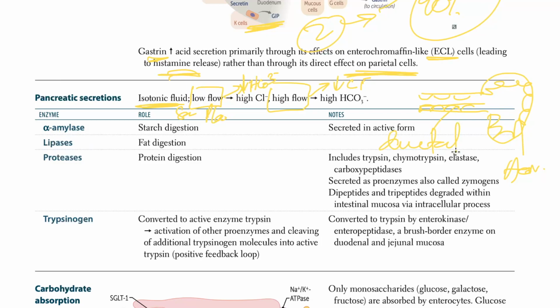Acinar cells secrete enzymes, while the ductal cells secrete the electrolytes.